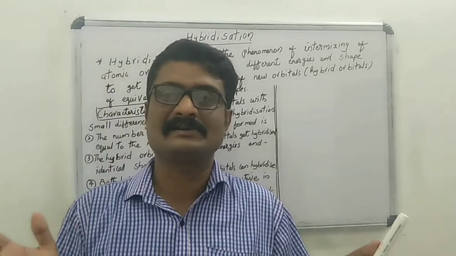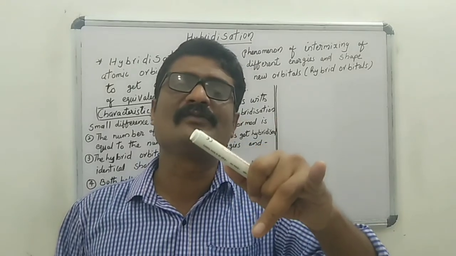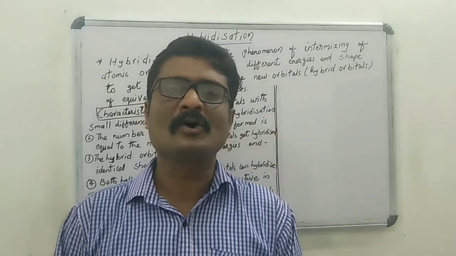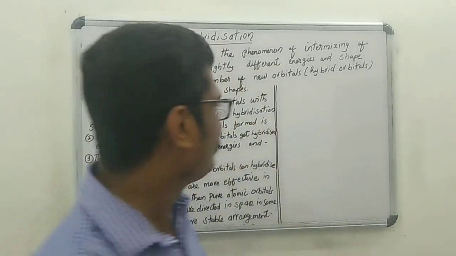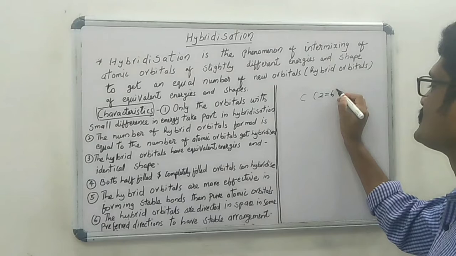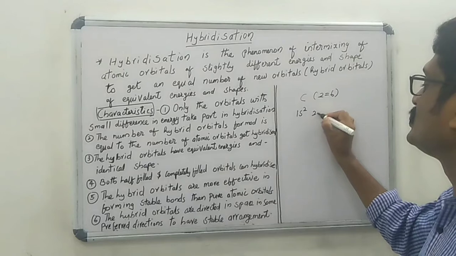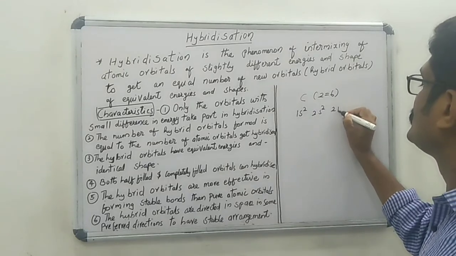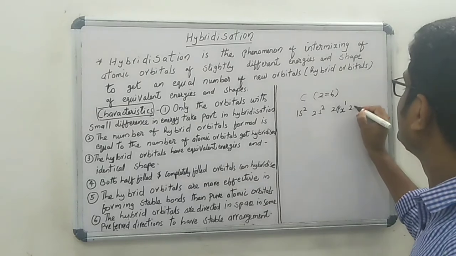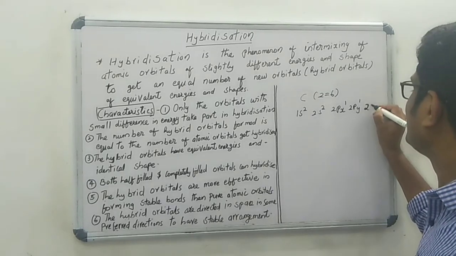But the same principle cannot be applied to the formation of covalent compounds of elements like beryllium, boron and carbon. Please listen. Carbon, atomic number is 6. Its electronic configuration is 1s2, 2s2, 2px1, 2py1, 2pz0.